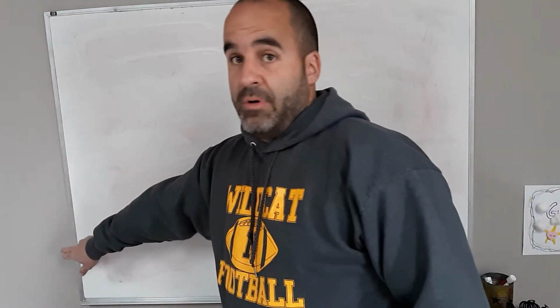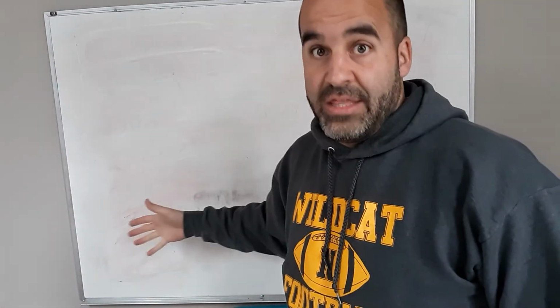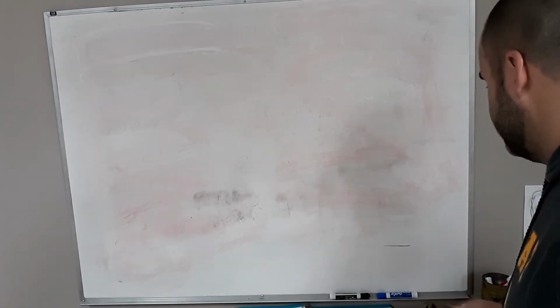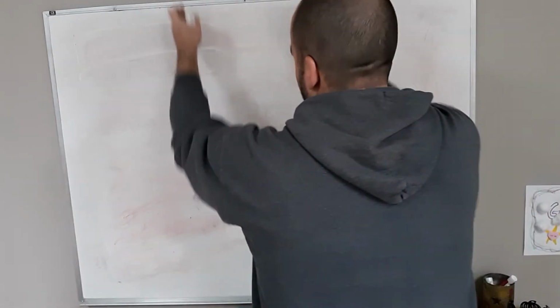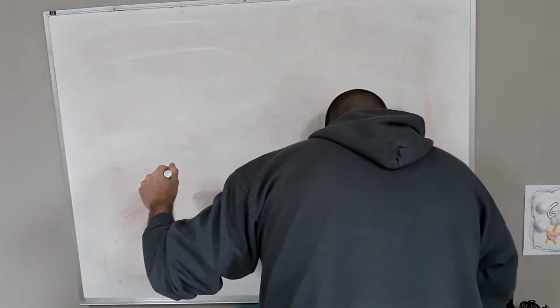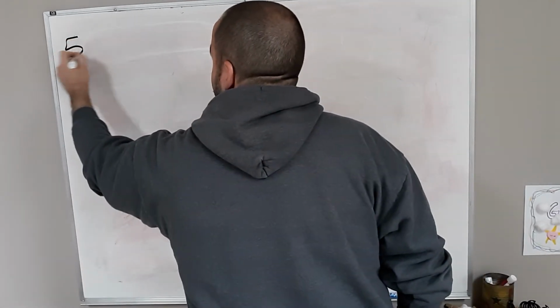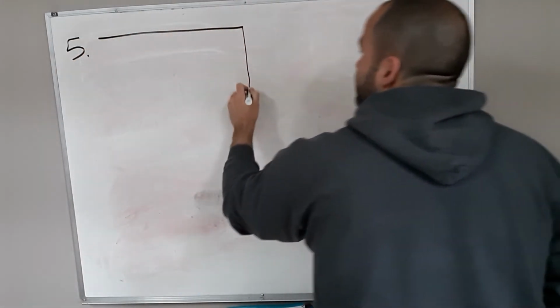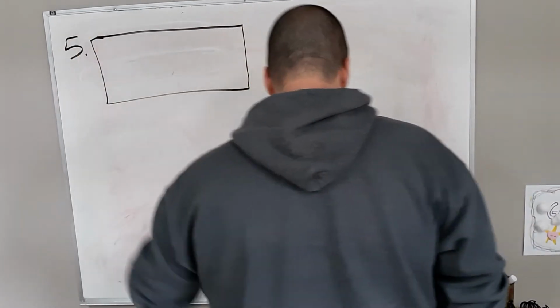We can measure the perimeter by measuring this side, this side, this side, and this side, and then that'll tell us the distance around it. But on the back side it says we're going to partition these rectangles. To partition them means we're going to cut them into pieces, meaning we're going to make cuts inside of them. So number 5 shows a rectangle that looks like this.